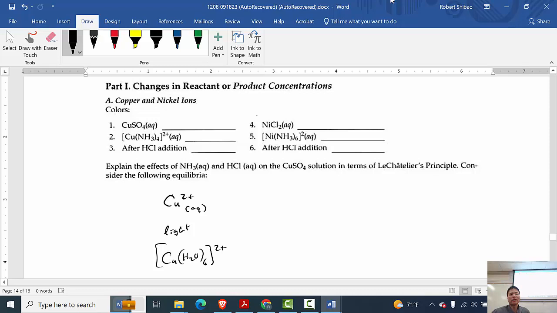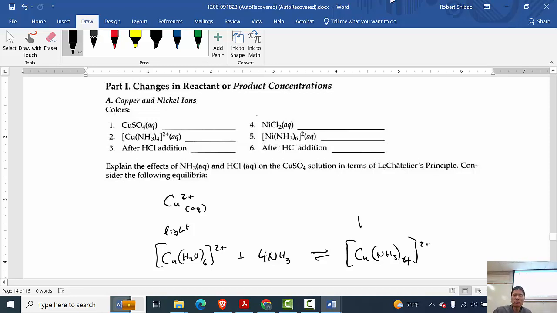So we could have hexaaqua copper 2 ions, aka copper 2 plus aqueous. That would be it. And then we could add some ammonia to this. Actually, we could add up to 4 ammonias. Seems like we should be able to add up to 6, but only 4 attach max. And what this forms is the tetraammine complex, tetraammine copper 2 ion.